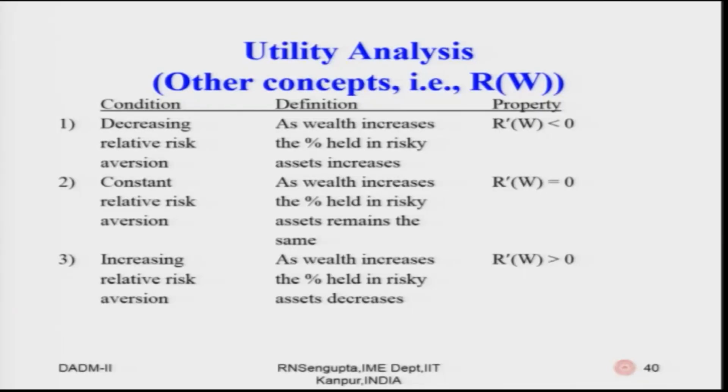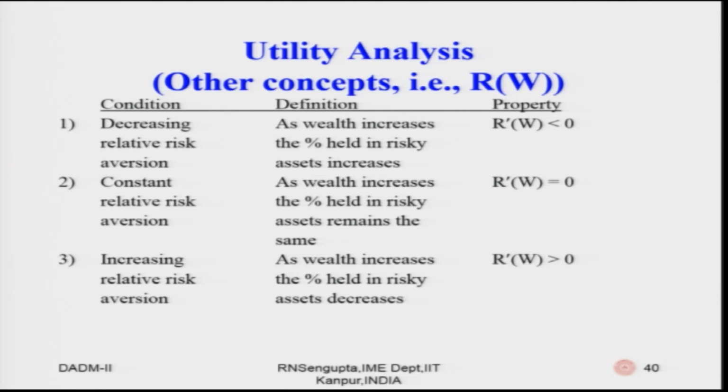So, let us go one by one, row wise. Decreasing relative risk aversion property means that my relative risk aversion is decreasing, that means I am more willing to go for the risk. It means that as wealth increases, the percentage held in risky asset would increase, because my risk aversion is relatively decreasing, and in that case R prime would be less than 0.